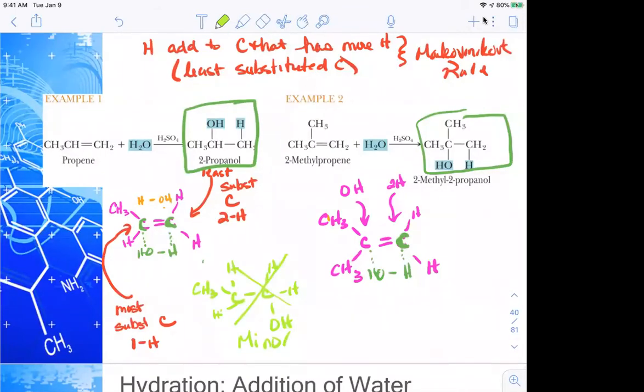And then if I do it on this one, I would end up with the hydrogen there and the alcohol there. This would also be minor and does not form, because both of these products would go through the primary carbocation, which is not stable.